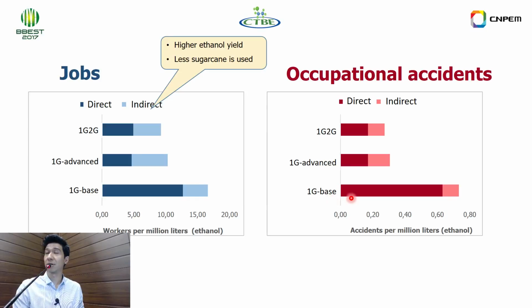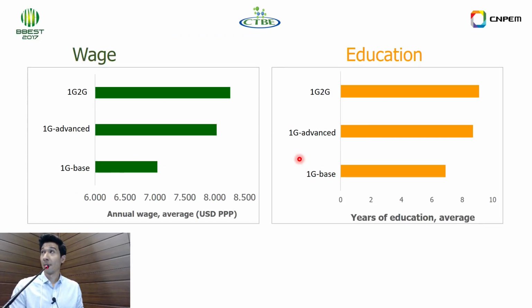If you have thousands of cutters working in not so good work conditions, the probability of occupational accidents increases, and more than that, we'll have more workers employed, so the probability of accidents will be higher. So as we move to advanced scenarios, these impacts will be drastically reduced, which means that second generation and first generation advanced are good for considering worker job quality.